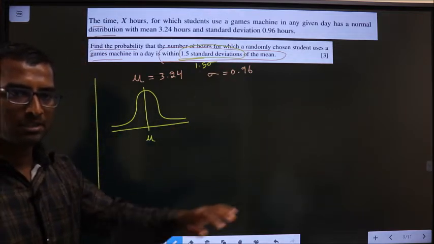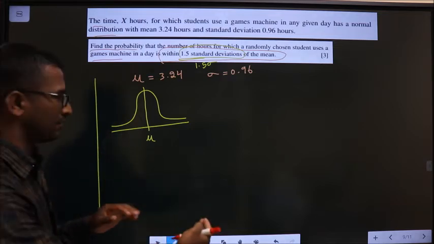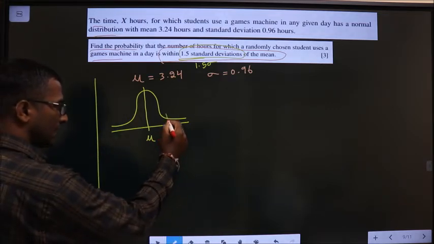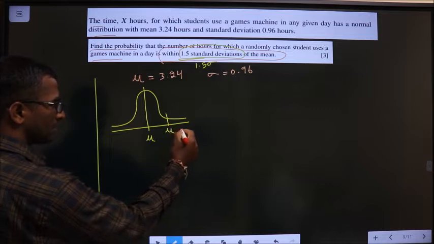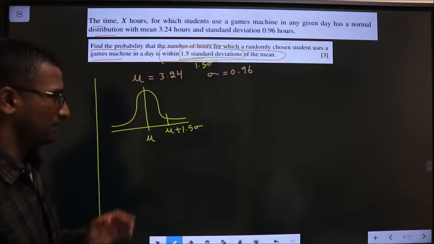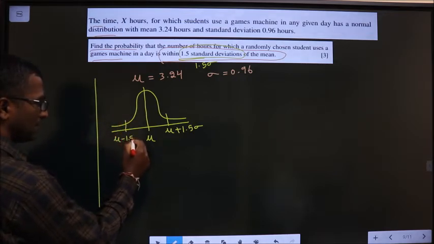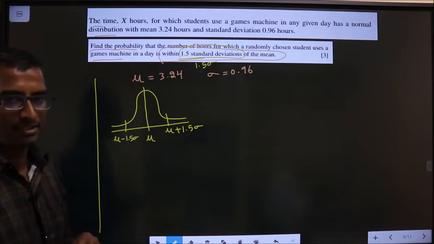From the mean means it could be either towards the left or towards the right. If I go towards the right, this will be the place of 1.5 times the standard deviation. Towards the left, this will be the place where minus 1.5 standard deviation.